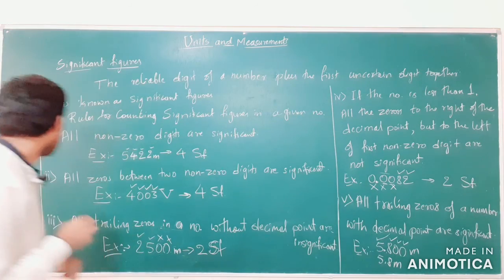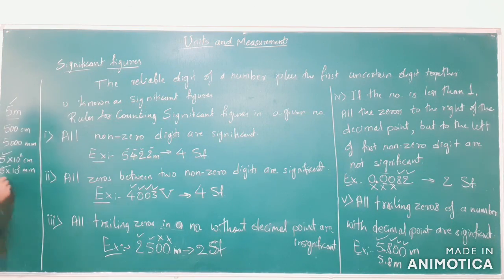The same rule follows even if we are converting into other units. If I want to express this 5 meter in kilometers, it will be 5 into 10 to the power of minus 3 kilometer. So now I have converted from meter to kilometer, but the number of significant figures still remains the same, which is 1.